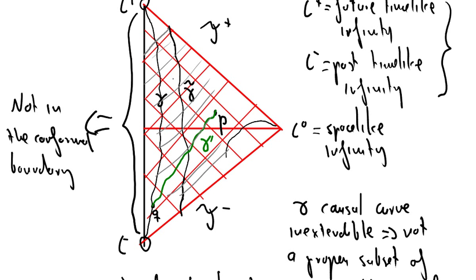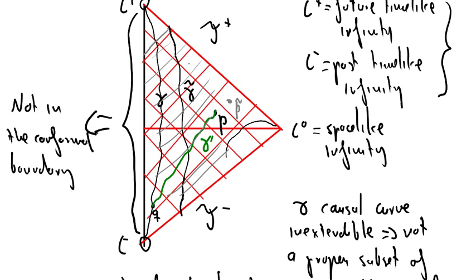Well, no, it's the other way around. So we need to consider all the points which can be joined from gamma tilde with a past time-like curve. For example, take this point p tilde.